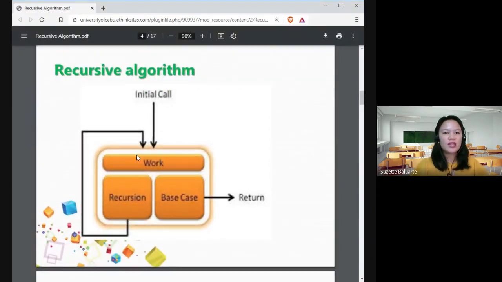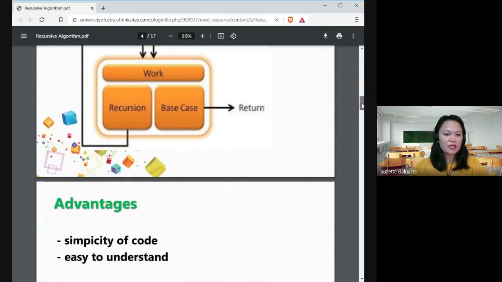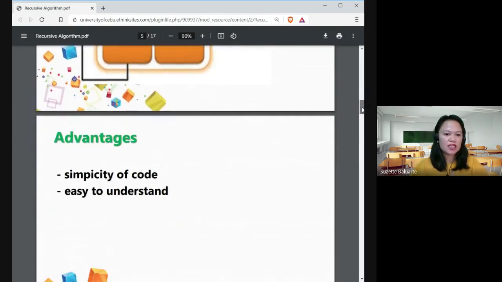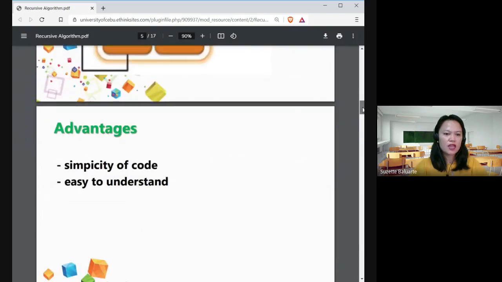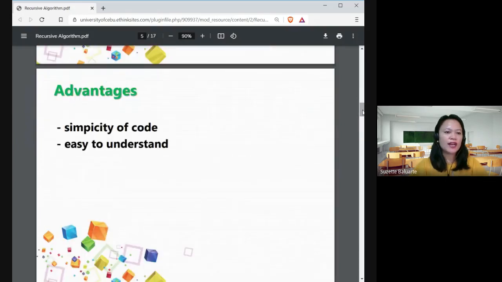So there is the recursion and there is the base case of the method. In that case, what would be the advantages and disadvantages of recursion? Number one, the advantage is simplicity of code.